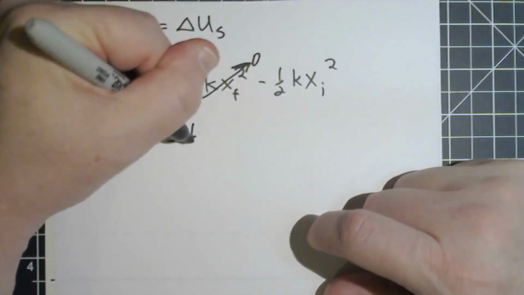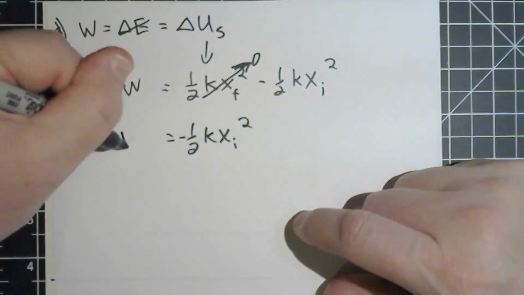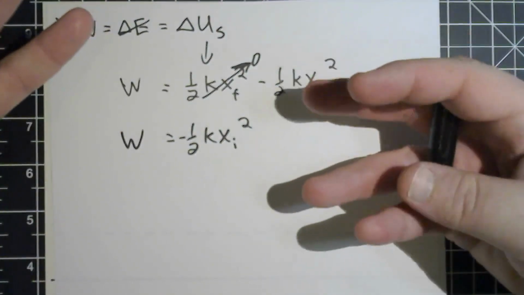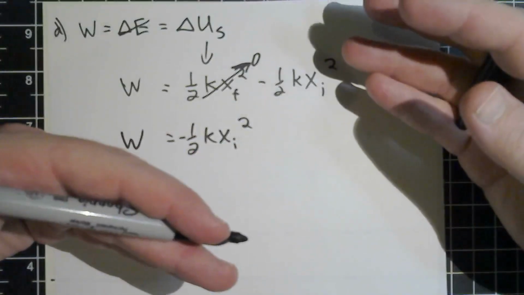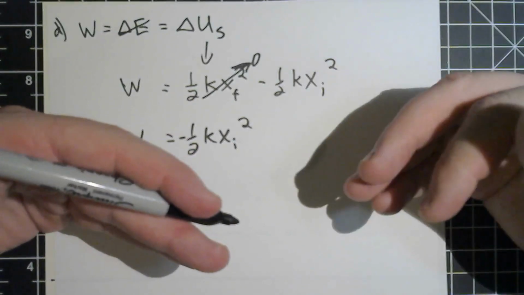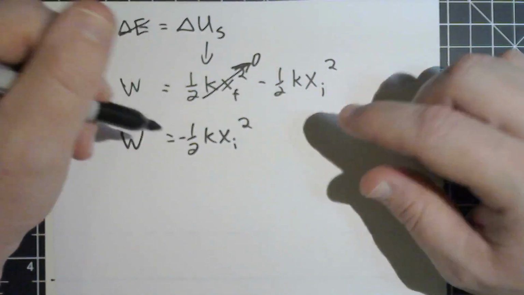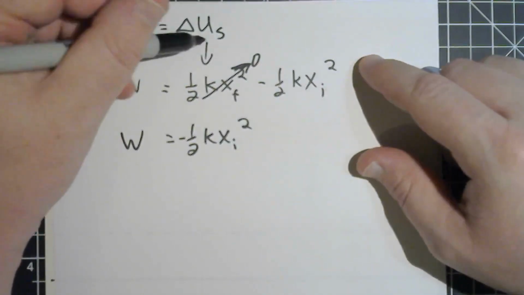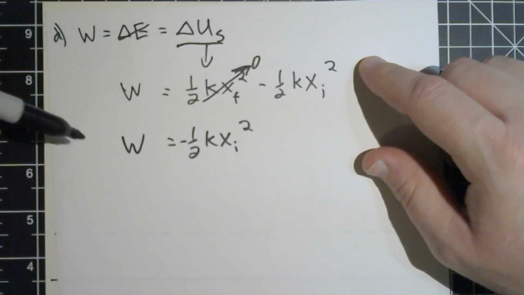And so we'll have a negative 1/2 k x initial squared. If you think about it, if you gained kinetic energy and lost elastic potential energy, then that means that the change in energy did decrease. So you can kind of ignore this thing. Just know that any loss of the potential energy in this negative term resulted in a gain of kinetic energy from before.